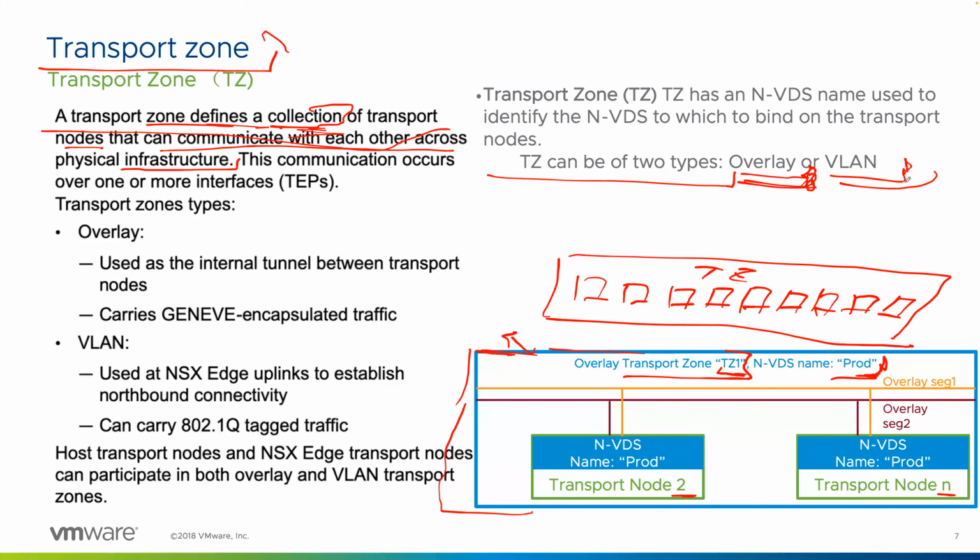The VLAN TZ only includes VLAN-based segments, which we'll talk about a bit later in the next slide. So the TZ types: overlay is used for the internal tunnel for transport nodes and carries Geneve encapsulated traffic. VLAN carries 802.1Q traditional VLAN tagged traffic. Those are the two types of TZ.